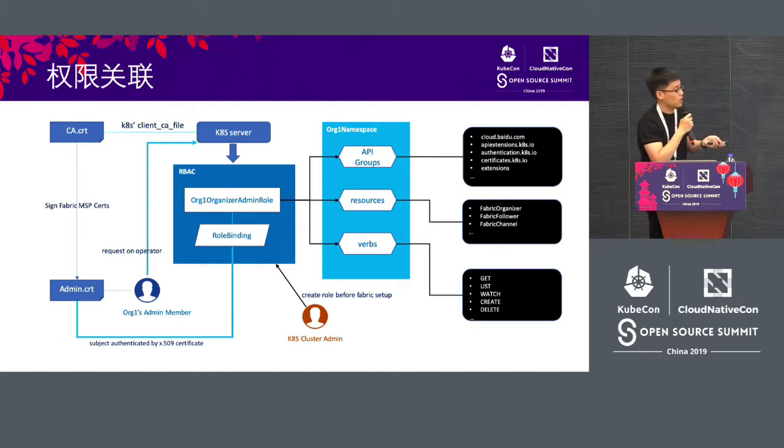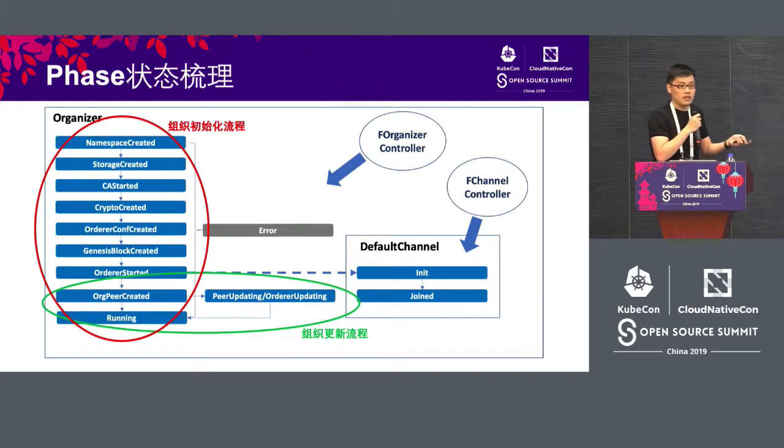The two have the same identity for the different organizations. Once a user has got the admin certificate and requests the API server, it finds that this certificate is valid and that this ID can meet the requirement of this role, and then they can use or choose the different resources.